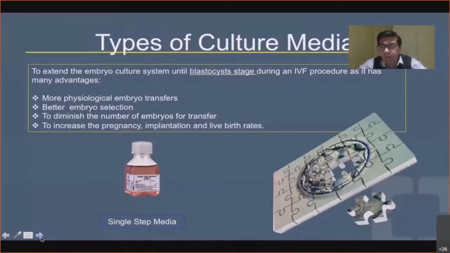This strategy also allows us to diminish the number of embryos transferred, helping us to diminish most of the obstetric problems that occur to our patients and their babies during the pregnancy and delivery, and also to increase the pregnancy, implantation and live-birth rates compared to the embryo transfer at day 3 of embryo development.